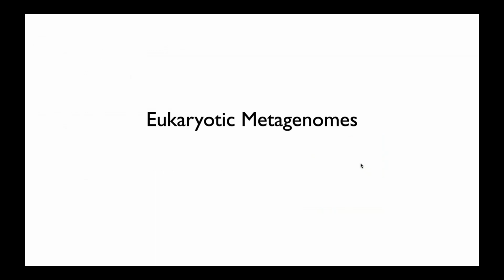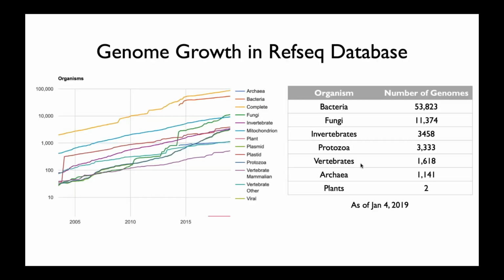And finally, this is also a very exciting part: thinking about moving away from just microorganisms to also thinking about the eukaryotes that hang out in these systems. If we look at just RefSeq as of January 4th, you can see that bacteria really dominate the database, and eukaryotes are present to a much lesser extent.